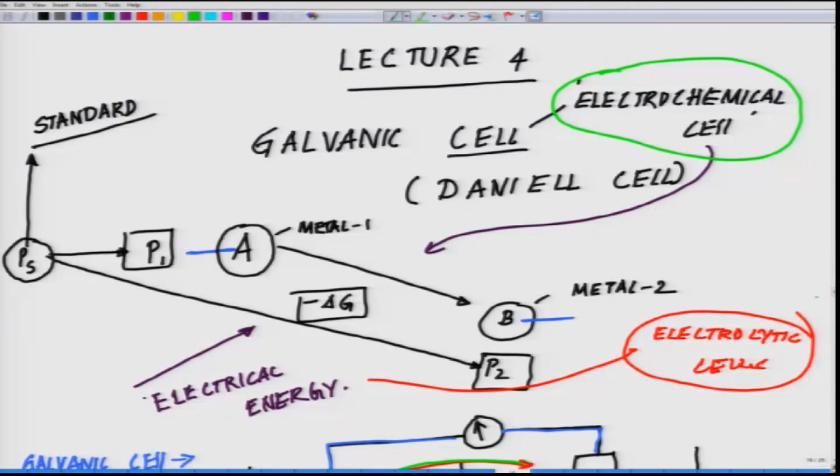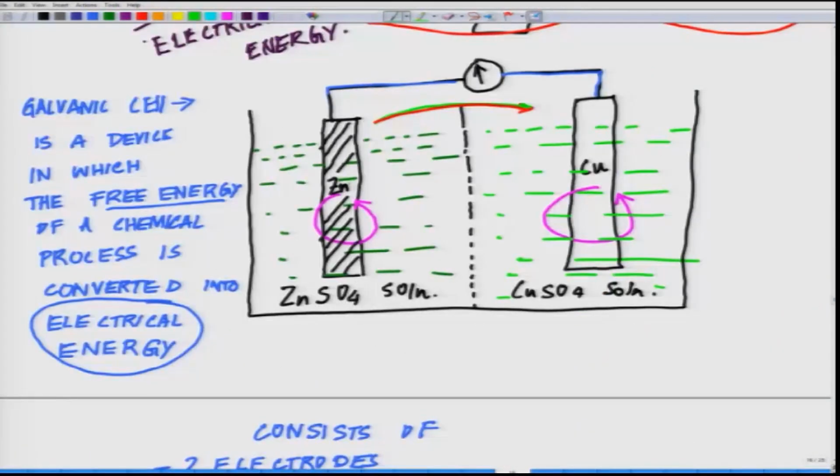Now, in a Daniell cell, a zinc rod is immersed in ZnSO4 solution, and a copper rod is immersed in copper sulphate solution. The two solutions are kept separated by a porous barrier.